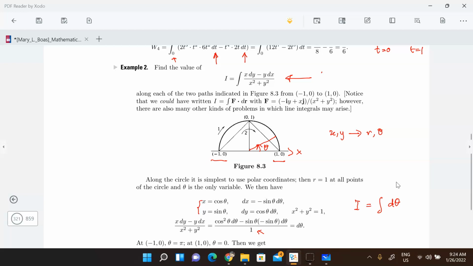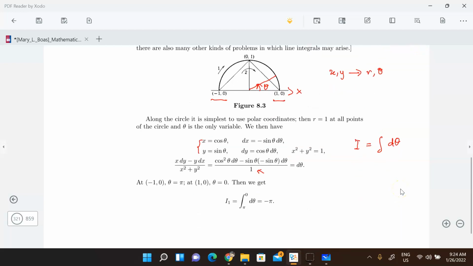So instead of going from theta equals 0 to pi, it goes from pi to 0. These are easy to integrate now in terms of theta. Remember your r equals 1 in this particular case, the radius of your semicircle, and you can integrate that and it gives you minus pi.